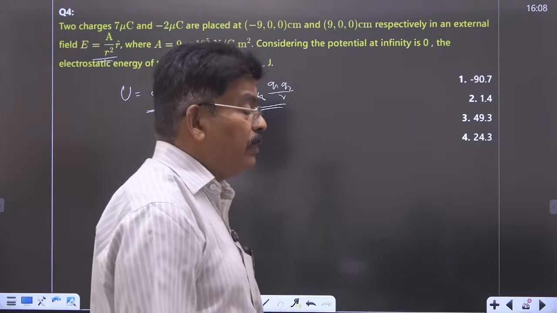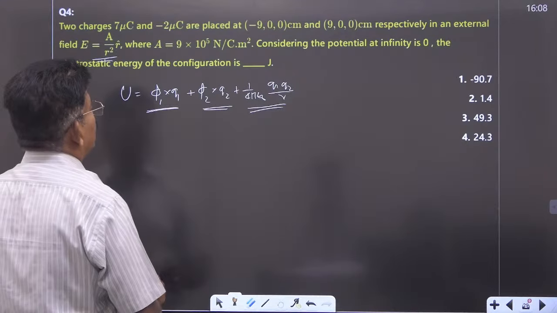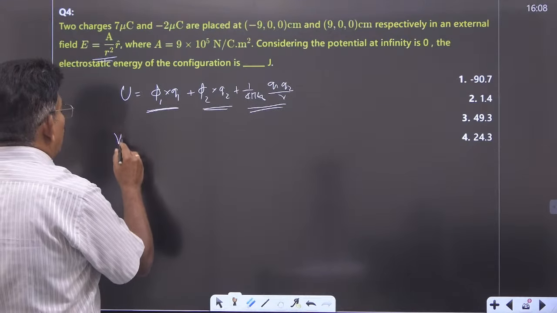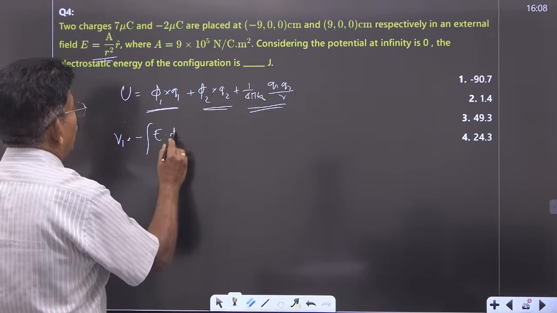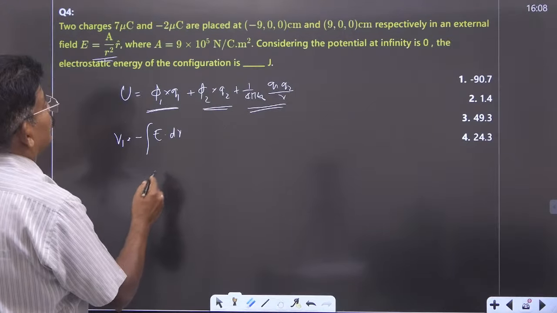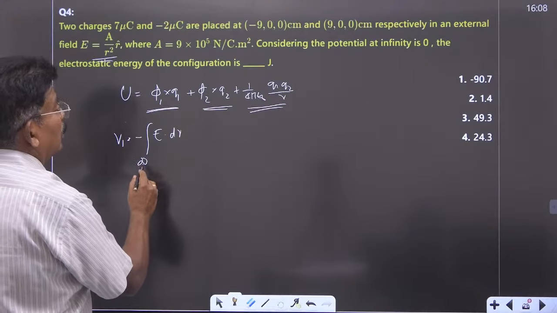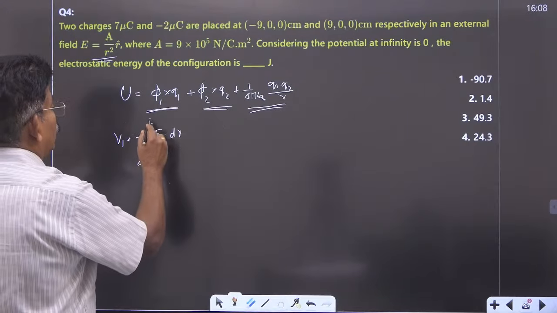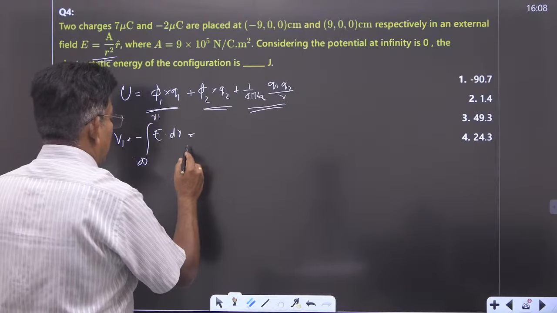These three terms will come. Now we have to calculate the potential. Potential at the point 1 will be minus integral E dot dr, from where they are brought from infinity to that point R1.